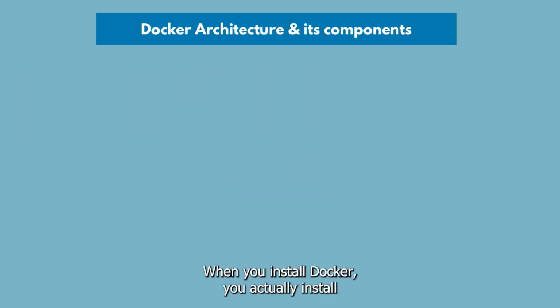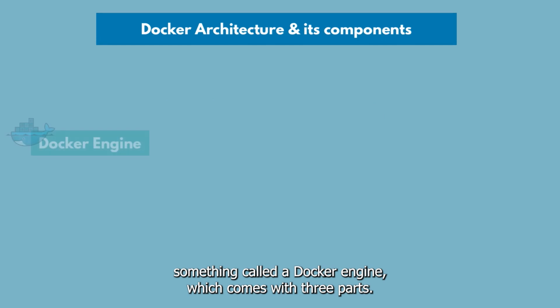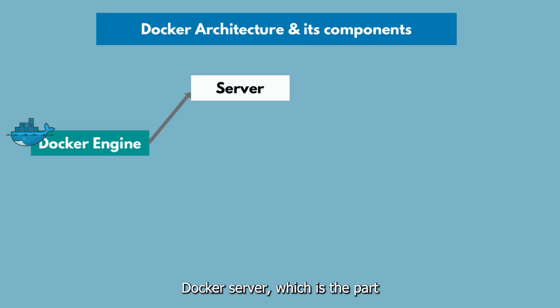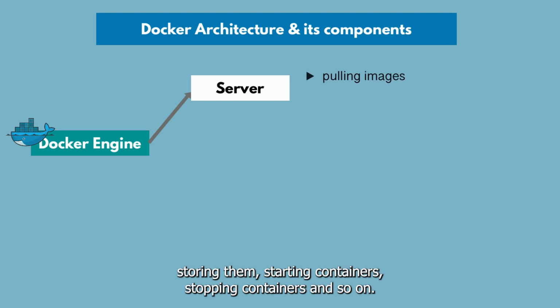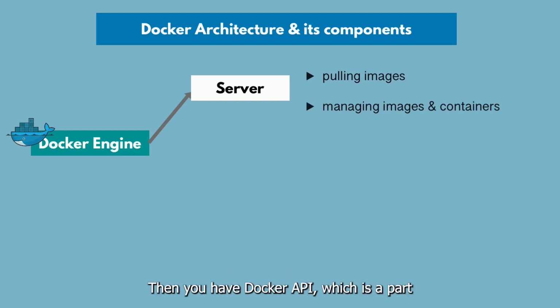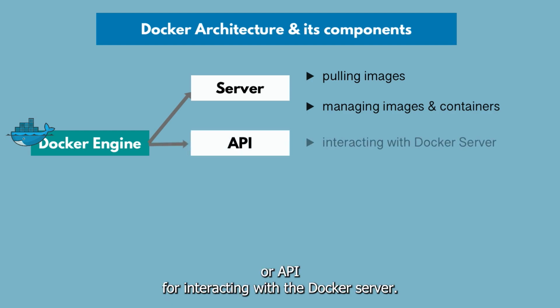When you install Docker, you actually install something called a Docker engine, which comes with 3 parts. Docker server, which is the part that is responsible for pulling images, storing them, starting containers, stopping containers, and so on. Then you have Docker API, which is an API for interacting with the Docker server.